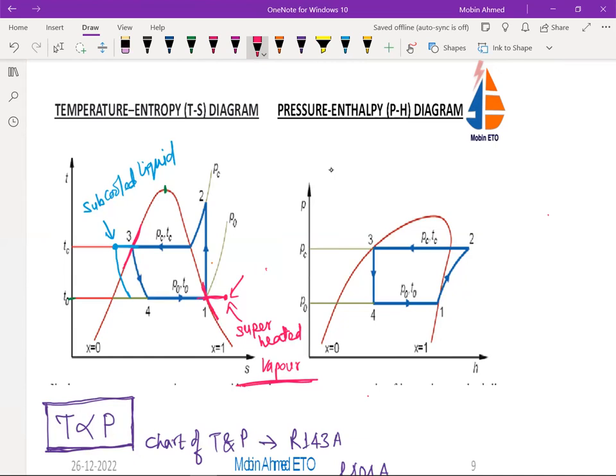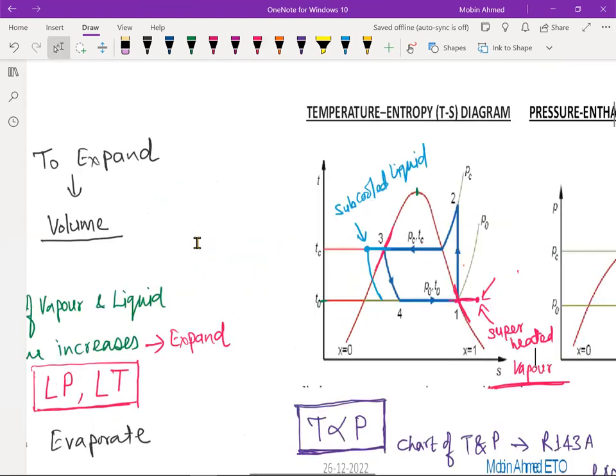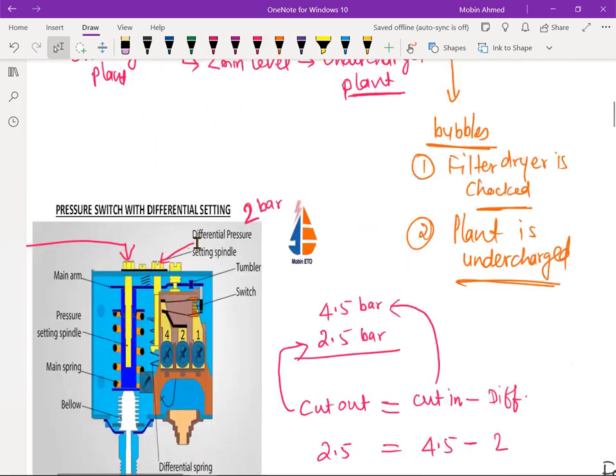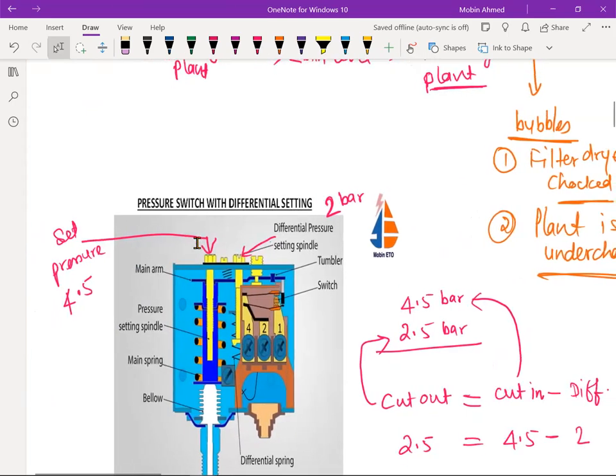This is the advantage of the superheated vapor.